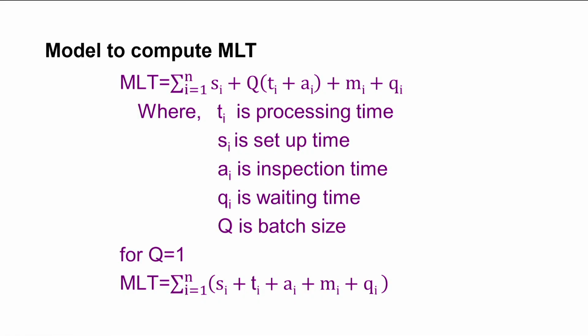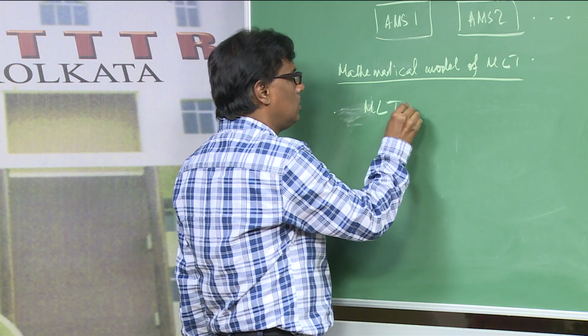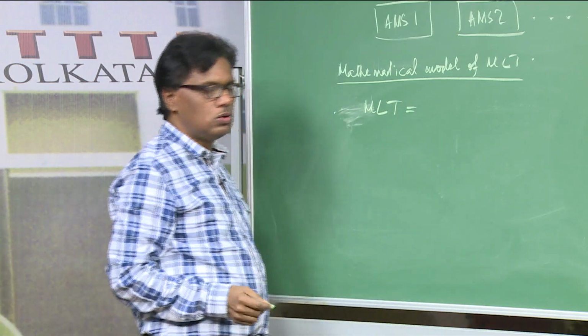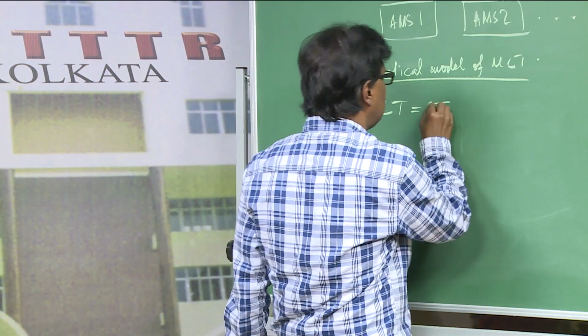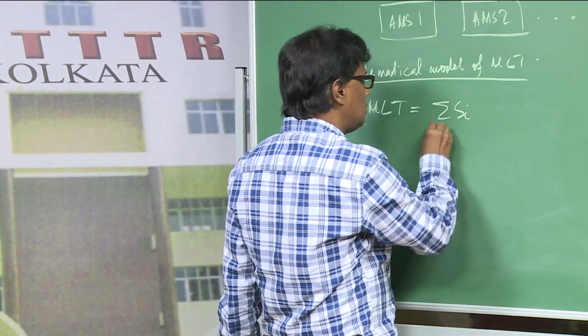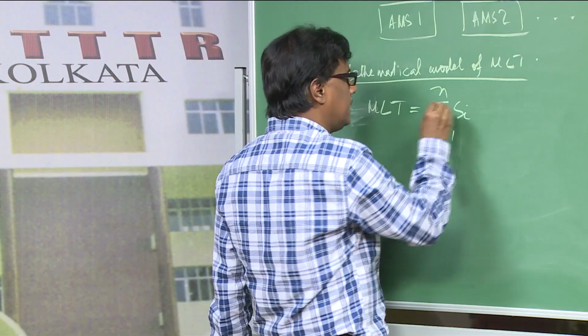Mathematical model of MLT: MLT is equal to the summation of SI, I equal to 1 to n.